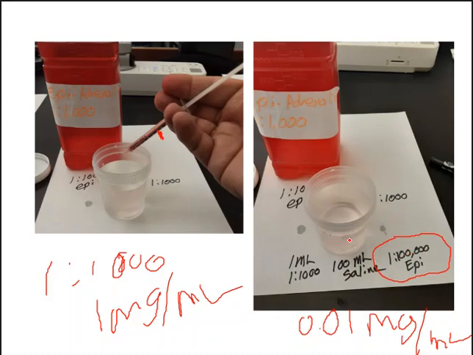Now, if we're going to inject more local, we're going to make it even less concentrated. We're going to dilute it more. Like if we're injecting for a facelift or something, if we're wanting to mass an area, we're going to do that with like a 3% lidocaine, and that would be 1 to 300,000.